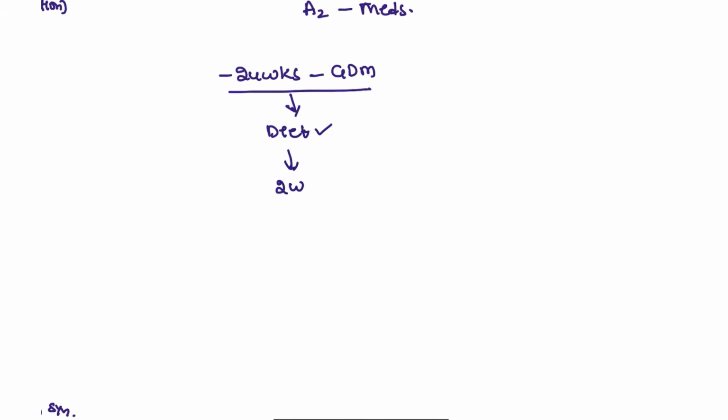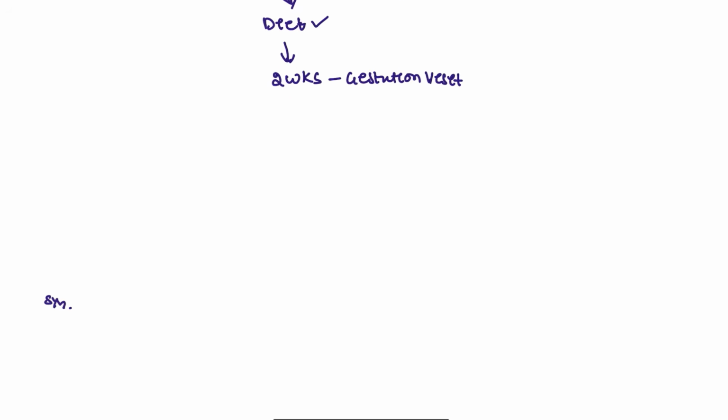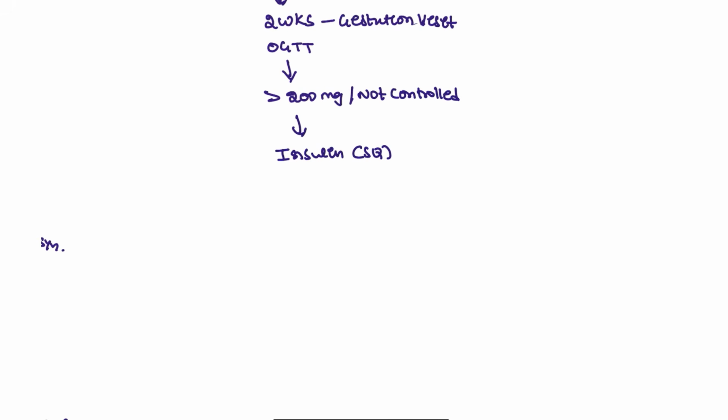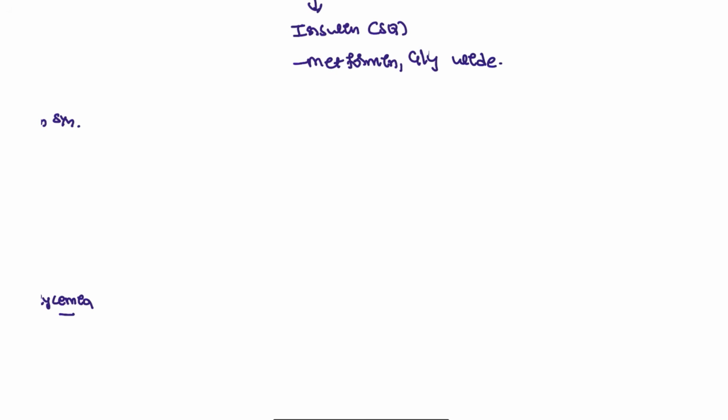And after 2 weeks, at the next gestational visit, we are going to check again; OGTT has to be done for this patient, and if the OGTT is more than 200 mg and it is not controlled, then we have to go for therapy, and the best therapy is subcutaneous insulin for the mother. Can any other agents be given? Yes, metformin can be given, and glyburide can also be given for this patient.